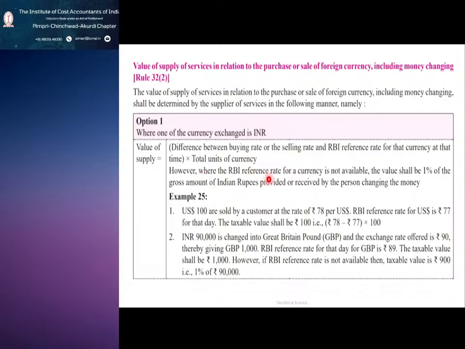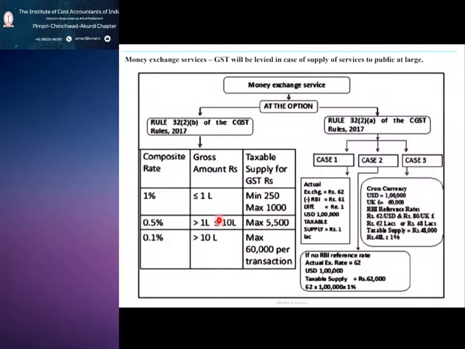However, if the RBI reference rate is not available, the value shall be 1% of the gross amount of Indian rupees provided or received by the person changing the money. So you can have a look if you are still not able to understand case 1, how we have to calculate the taxable value of supply.